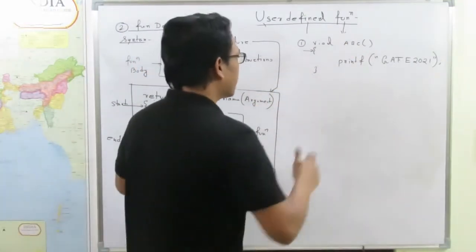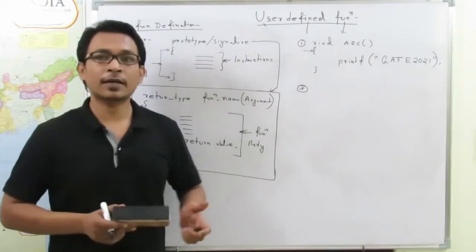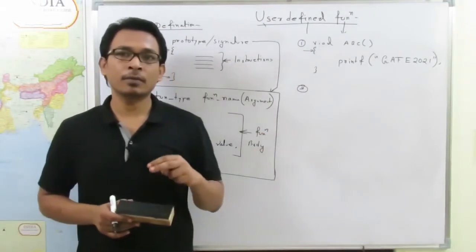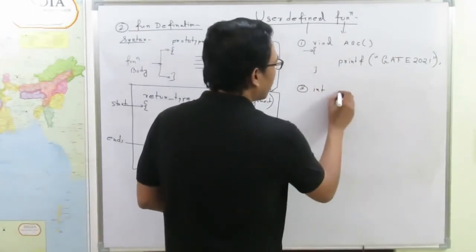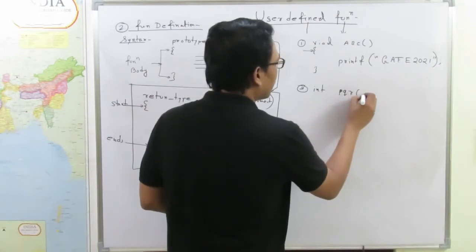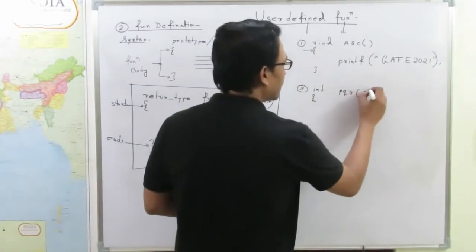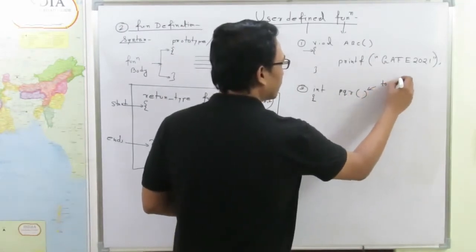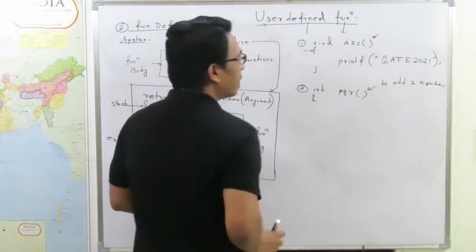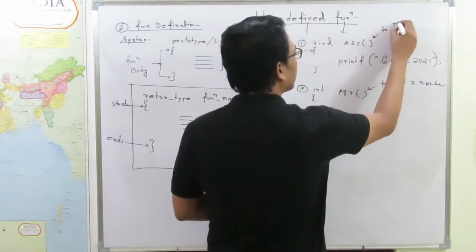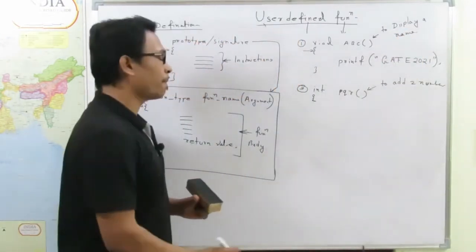Clear? Now let's implement the function body for the second function. The second function is pqr, and that function will return an integer type value, and then the function name, that is pqr, and then the function body starts. In this function, let's say it is implemented to add two numbers.